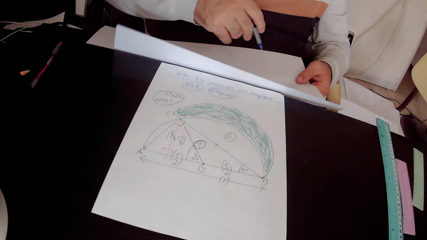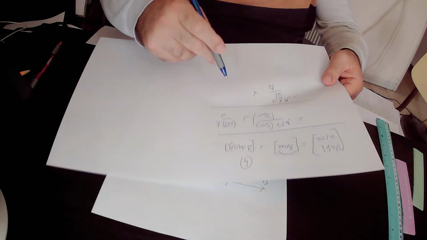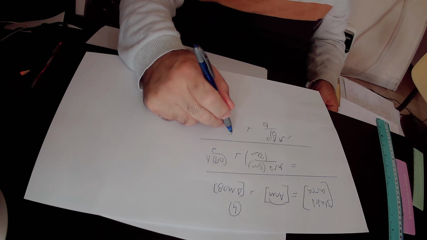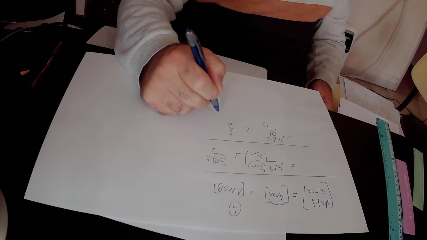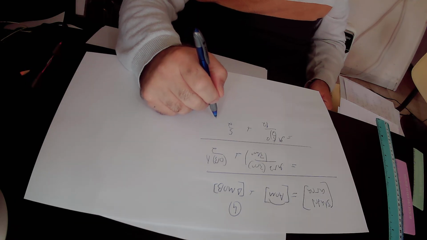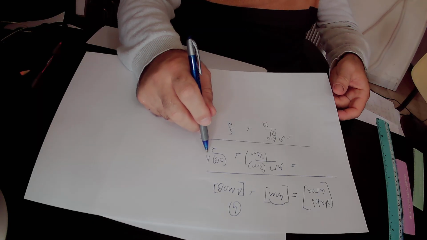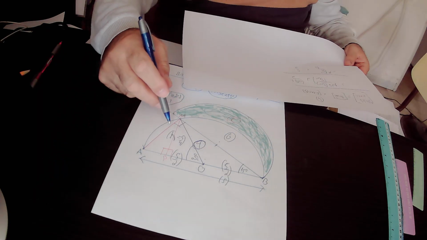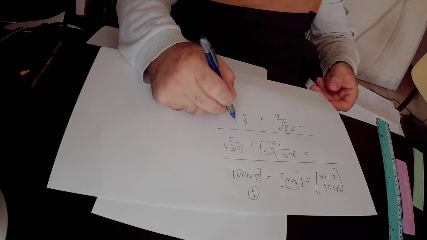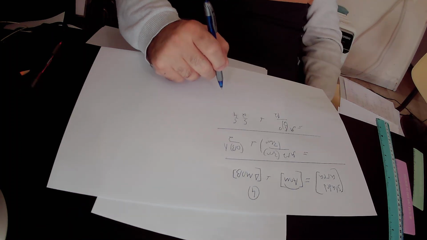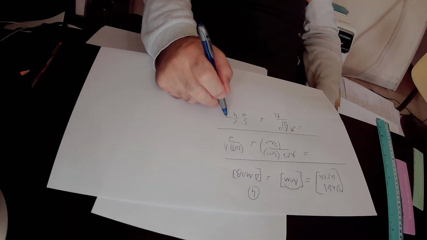Plus OB is the radius of this semicircle, that is 5 halves, times the height H, which is 5 quarters, and we have to divide it by 2.